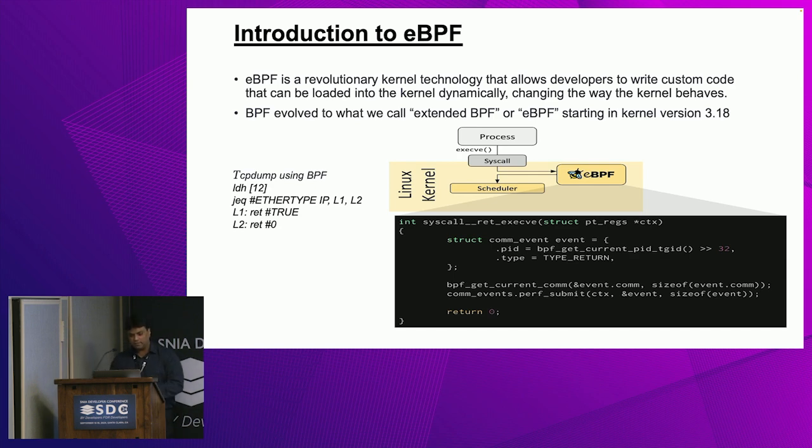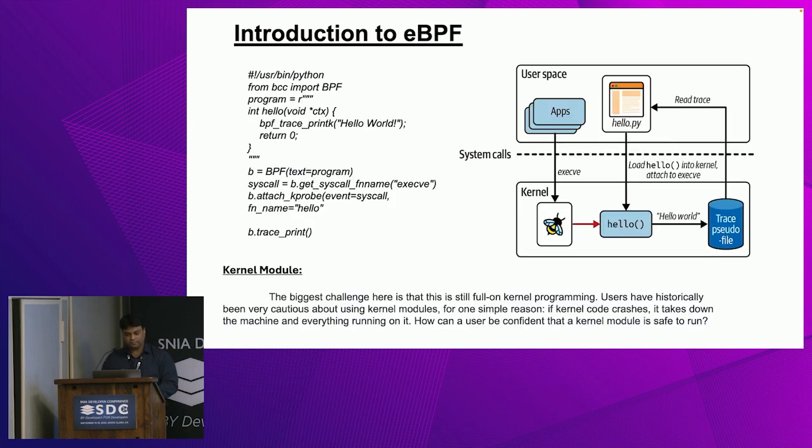You can see that we are hooking the eBPF program at the syscall layer. Whenever the execve syscall is executed by a process, this particular program will get triggered, and it will get the PID and the name of the process and put them into the perf buffer. We'll talk about this in more detail in the coming slides.